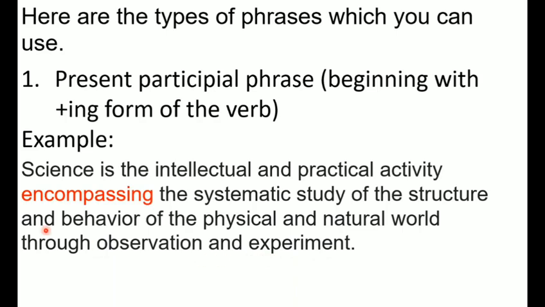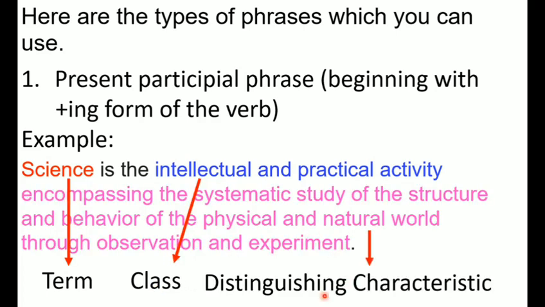In this sentence, encompassing is our present participle kasi it ends with ing. Ang tawag dito ay present participle. Okay. Now, science here is our term. Intellectual and practical activity is the class, and the rest is the distinguishing characteristic.